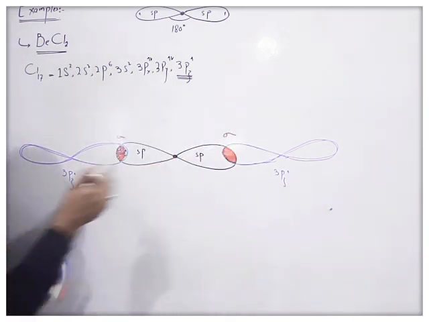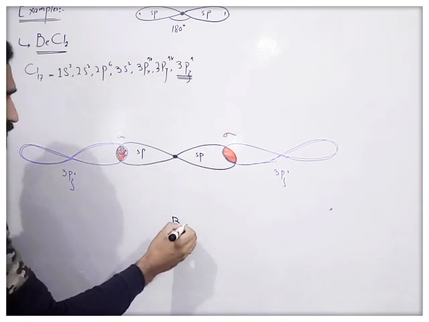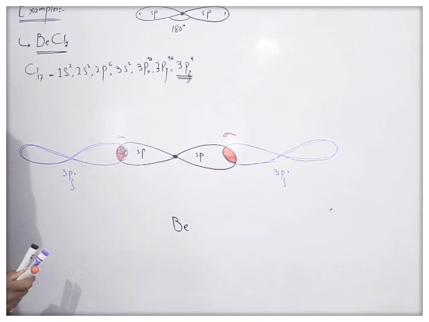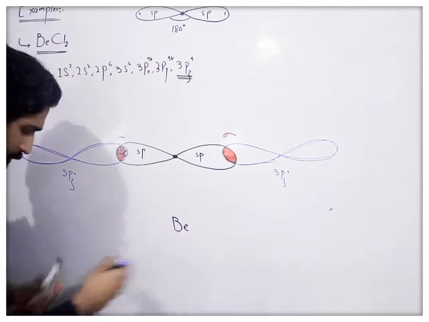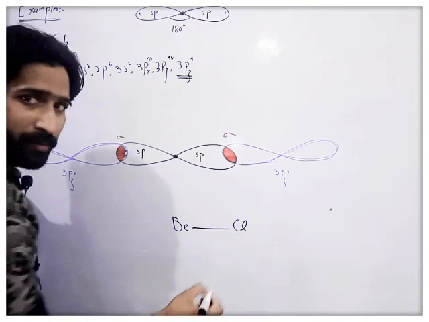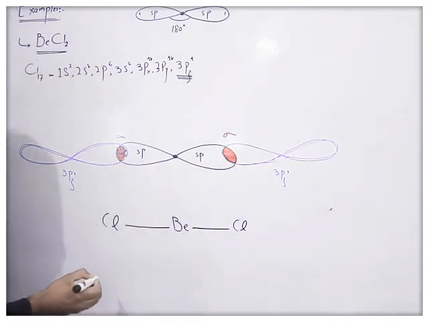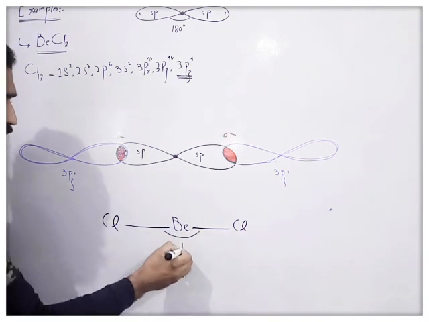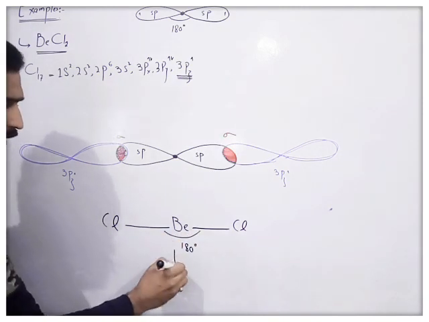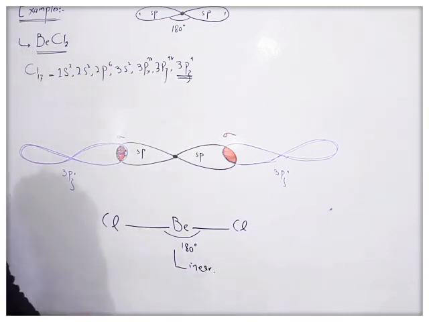The beryllium atom is here in the center, with chlorine by sigma bond, chlorine also by sigma bond, the angle is 180 and the shape becomes linear. That is the structure and shape of beryllium chloride.